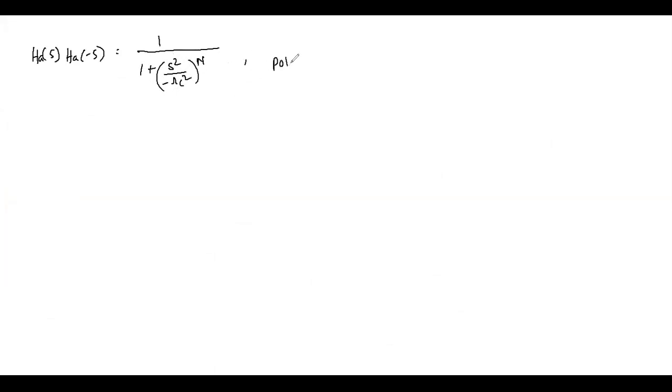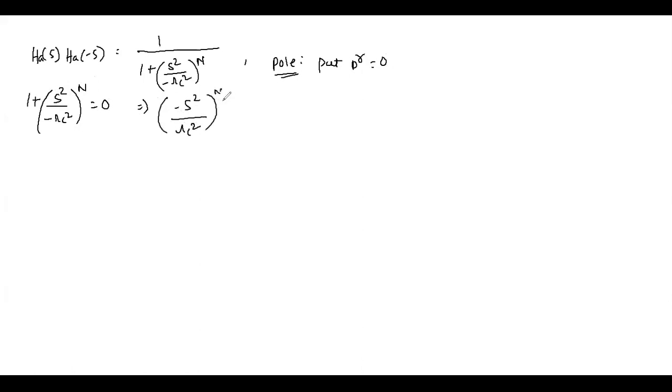If you want to find the poles, simple: put denominator equals 0. Then 1 plus (s square by minus omega c square) to power n equals 0. That is, (minus s square by omega c square) to power n equals minus 1.